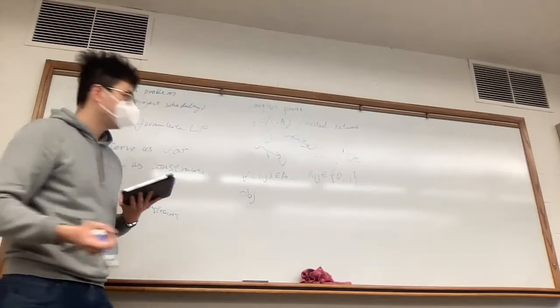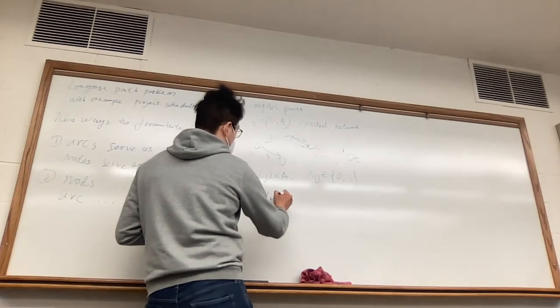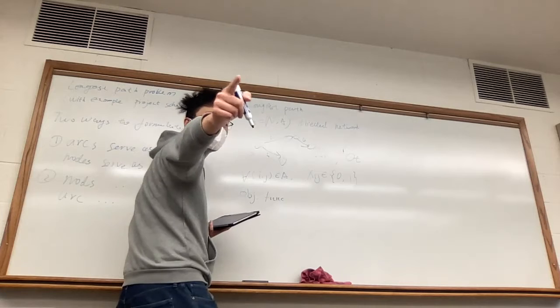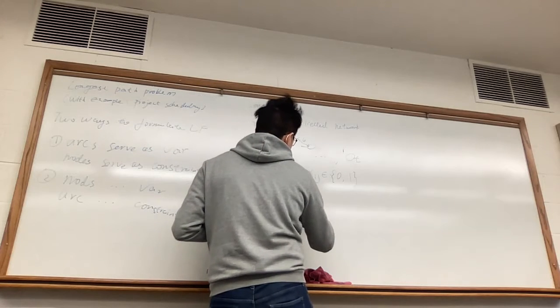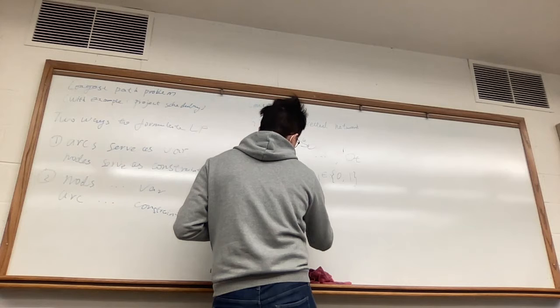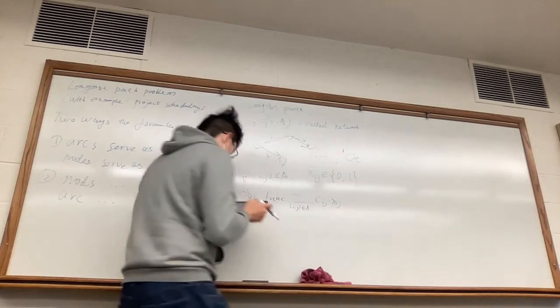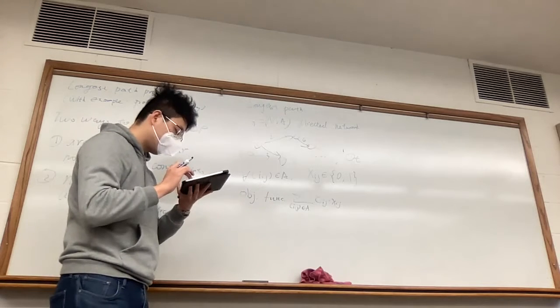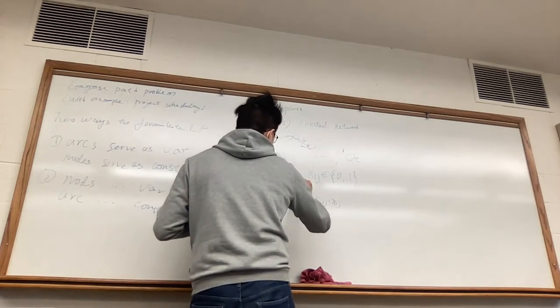We multiply the distance on the arc. Yes, the so-called distance. So the objective function is just the sum over any ij in the arc set of Cij times Xij. This is very straightforward, and we would like to maximize this.